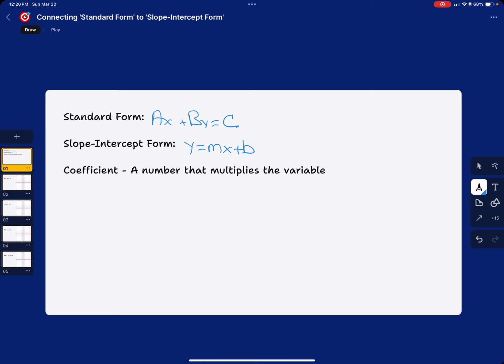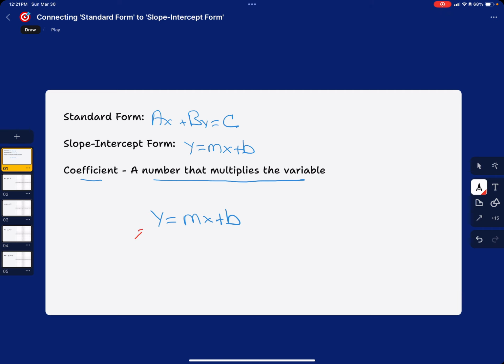One other important definition is the coefficient. The coefficient is a number that multiplies a variable. This is important for this lesson because when we rewrite an equation in slope-intercept form, which is y equals mx plus b, we want to be focused on the coefficient of y.